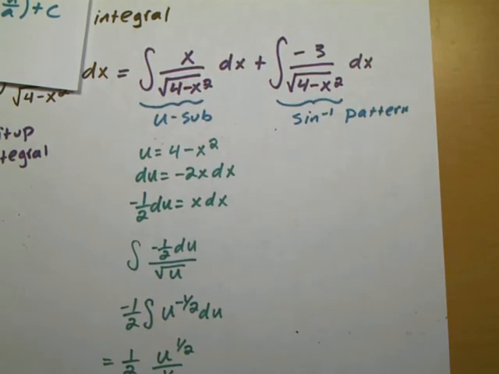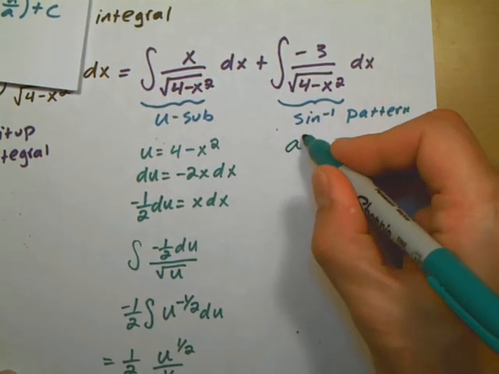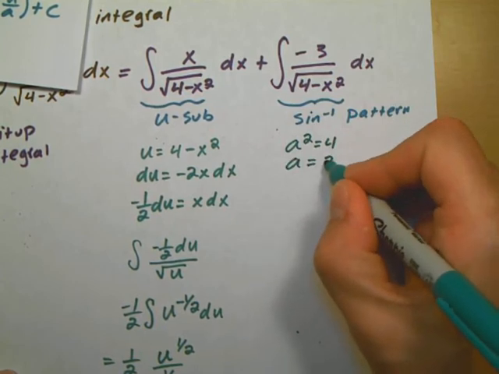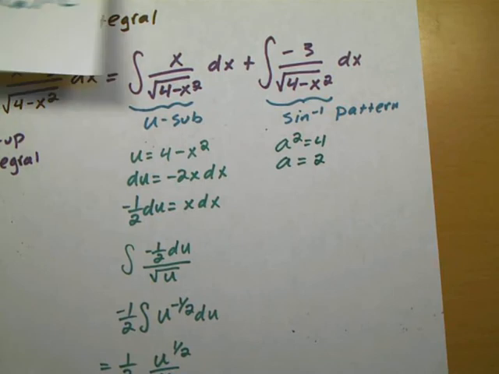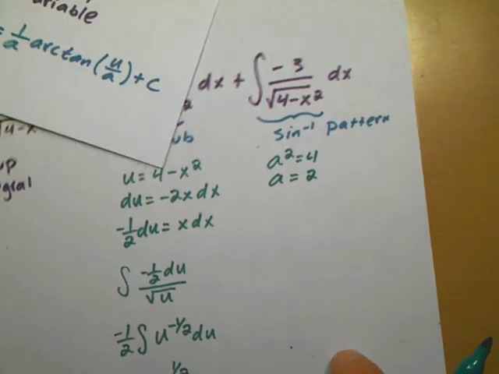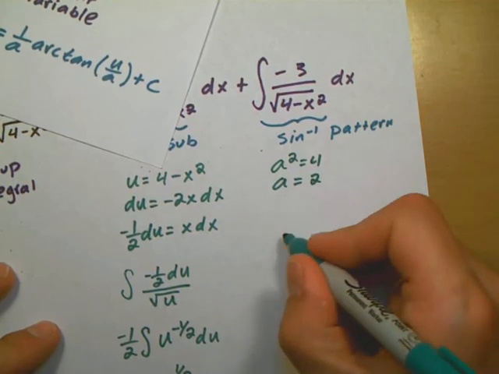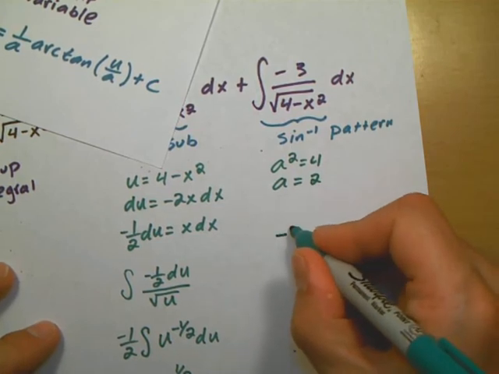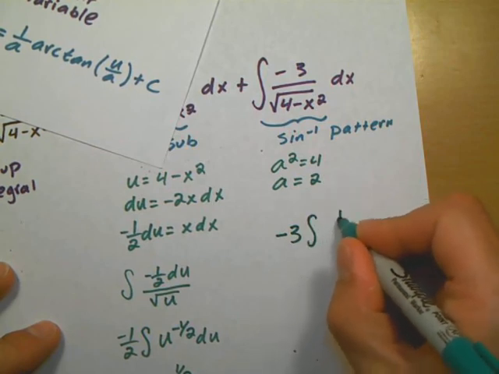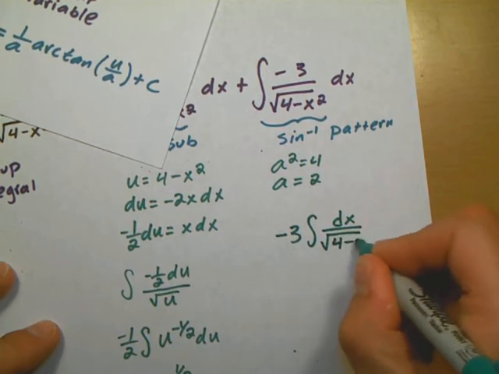Going over to this side, like I said, the arcsine pattern: a squared is going to be 4, so a is equal to the square root of 4, which is 2. Again, it's a constant squared minus a variable squared. I can just factor out this negative 3 and think of this as the integral of dx over the square root of 4 minus x squared.